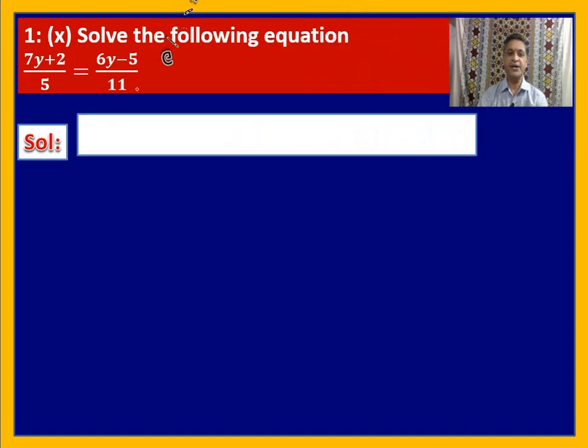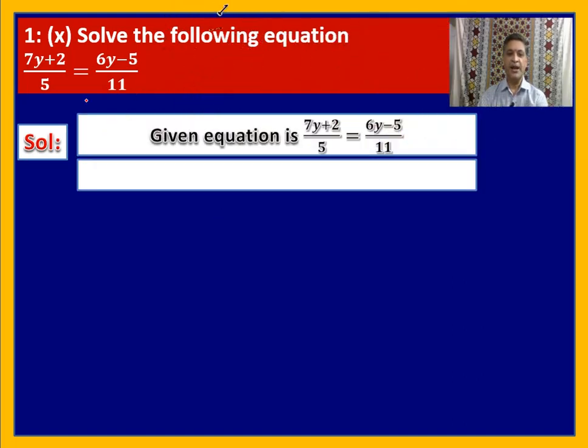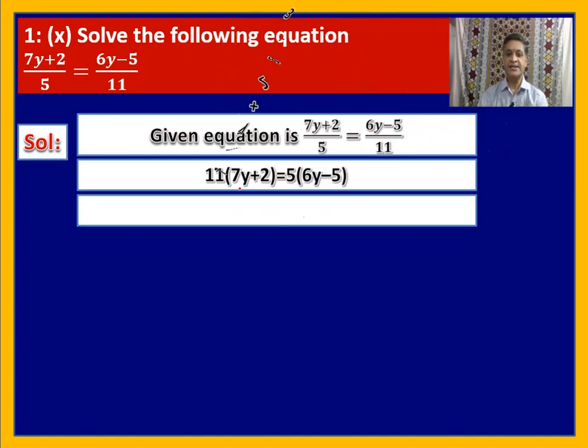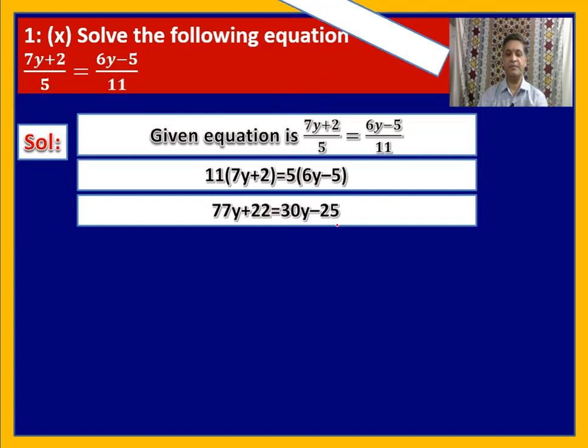By cross multiplication, you get 11 into (7y plus 2) is equal to 5 into (6y minus 5). So by multiplication you get 77y plus 22 is equal to 30y minus 25.